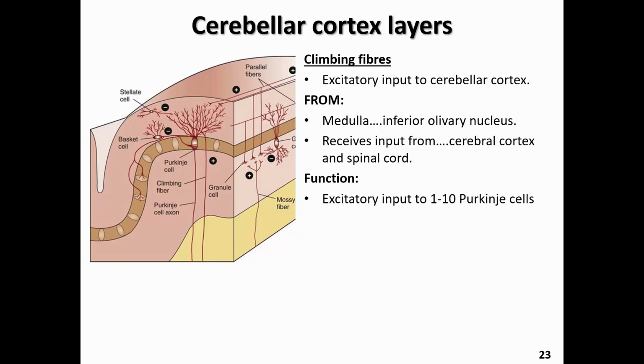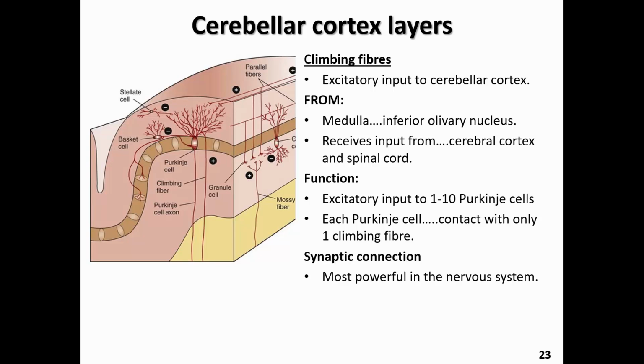And so in terms of function, the climbing fibers function to provide excitatory input to anywhere from 1 to 10 Purkinje cells. And so we have climbing fiber branching where it can interact with more than one Purkinje cell. Now, on the opposite side of that, each Purkinje cell set of dendrites will make contact with only one climbing fiber.